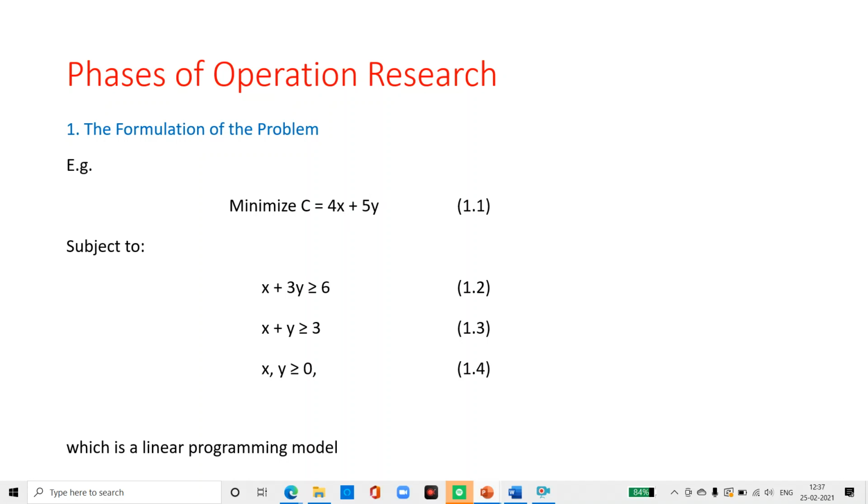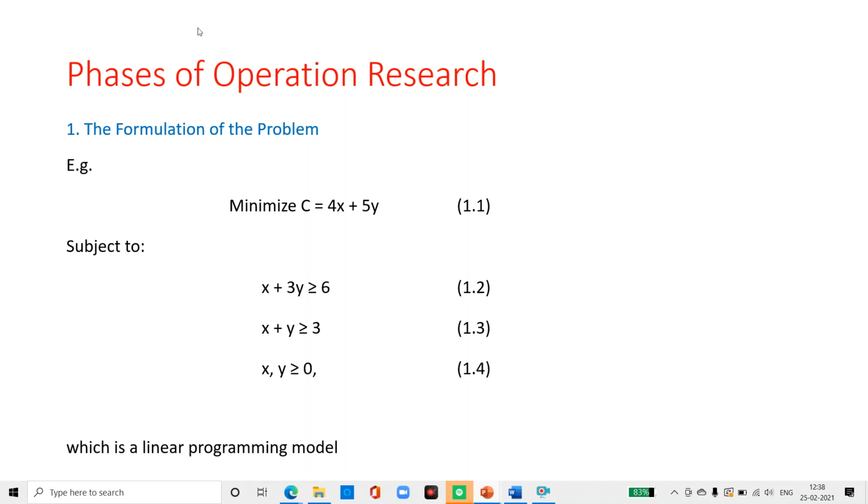So the total profit earned by the company by manufacturing X and Y units is 4x plus 5y, with x equal to 4 and y equal to 5.